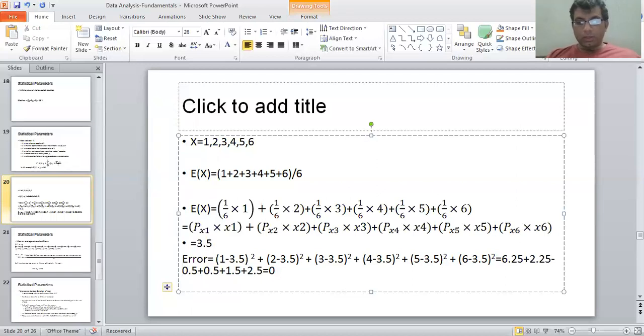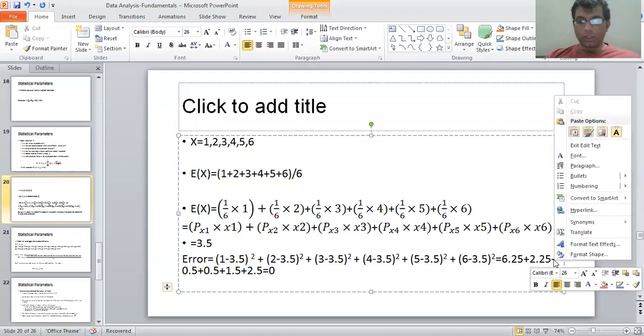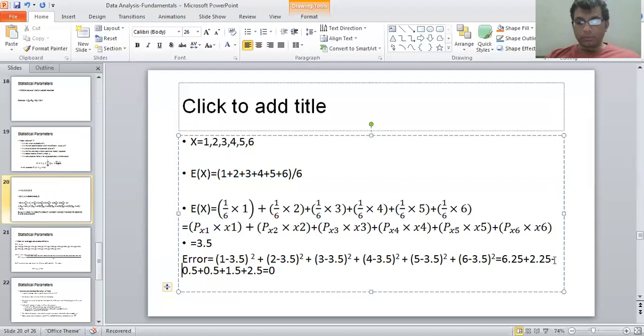Then this was minus 0.5, so minus 0.5 square makes it equal to plus 0.25, and then again plus 0.25. Then again we have got 2.25, and then we have got 6.25.